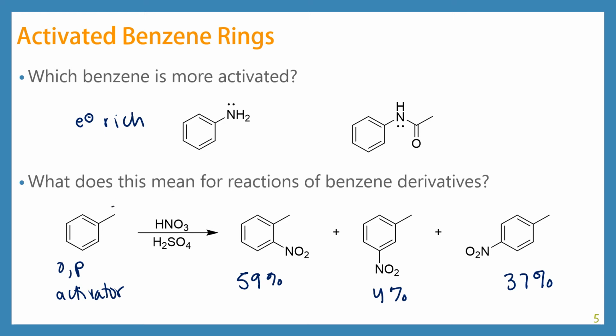And since this group is electron donating, the ring is going to be a little more electron rich in the ortho position. So the ortho position is actually going to be the stronger nucleophile here. So you're often going to see a lot more of the ortho product unless it's very sterically hindered.